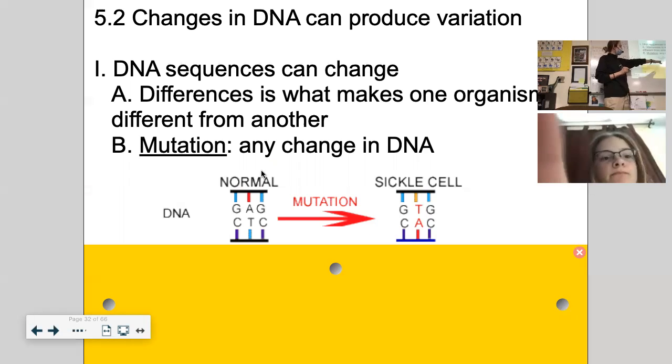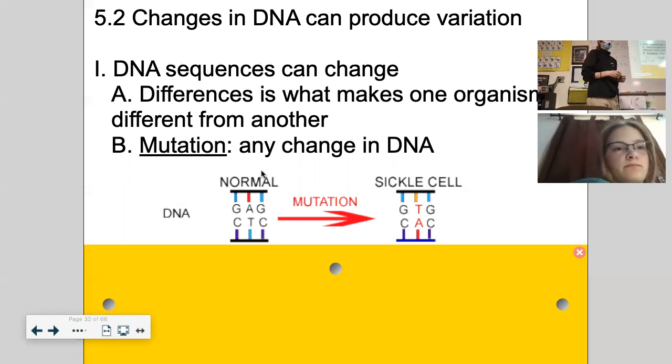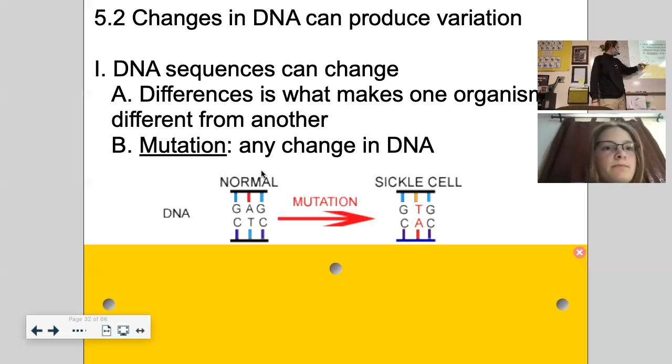But that one mutation where an A turns into a T doesn't look like a donut anymore. Looks like a crescent moon, a croissant. They call it sickle cell. Now, red blood cells that look like donuts, they can hold a lot of oxygen. What do you think this sickle cell? Not so much.